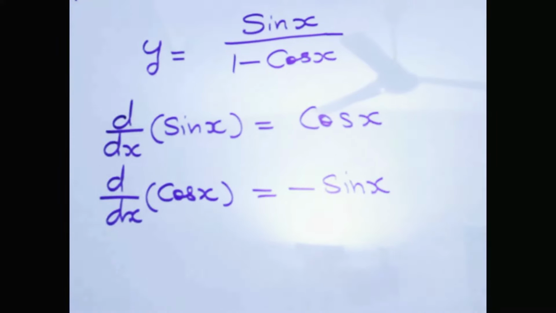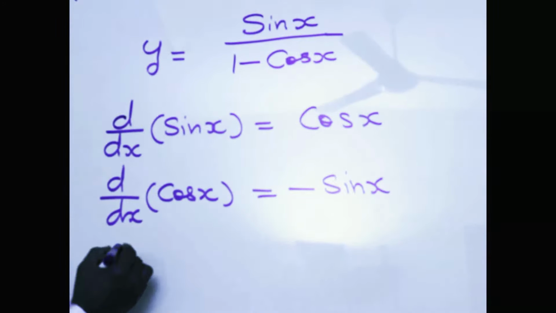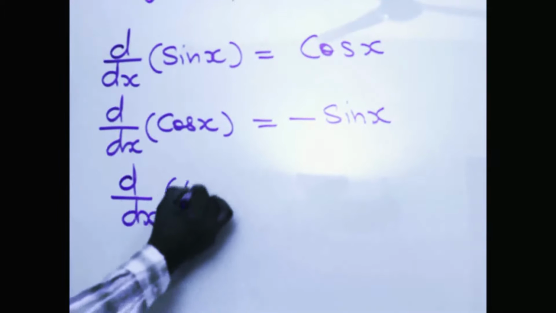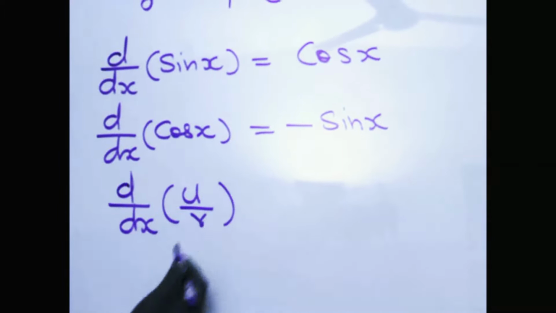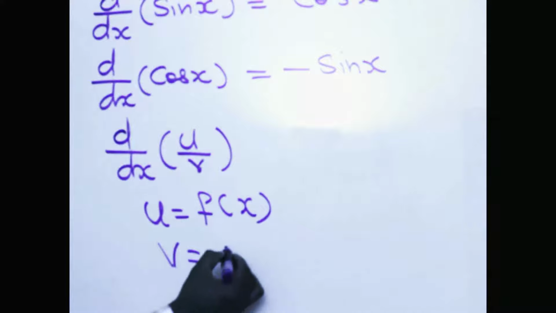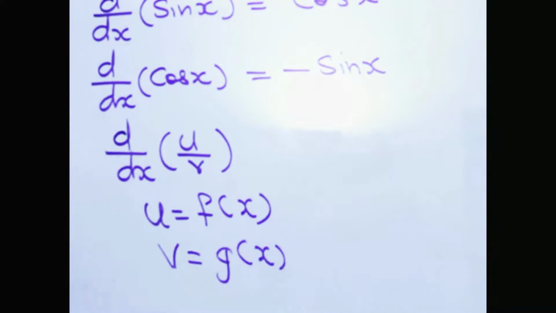We studied these rules, and we have the form d by dx of u by v, where u is a function of x and v is also another function of x.